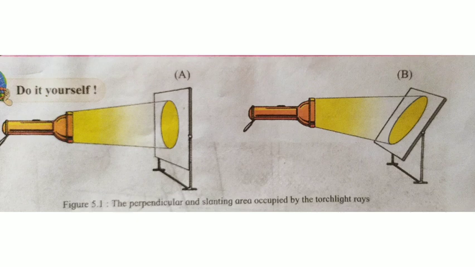On which paper is the area smaller? The area is smaller on the paper that is held in such a way that it makes an angle of 90 degrees, perpendicular, with the beam.